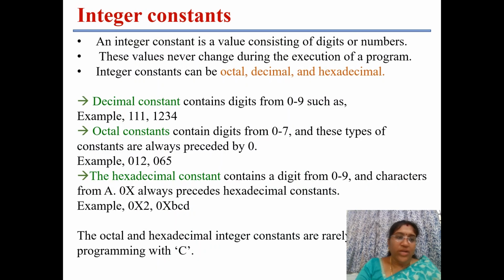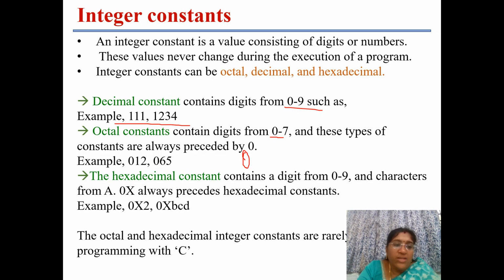An integer constant is a value consisting of digits or numbers. These values can never change during the execution of the program. Integer constants can be decimal, octal, or hexadecimal. Decimal constants use digits from 0 to 9. Octal constants contain the digits from 0 to 7 and are always preceded by 0.